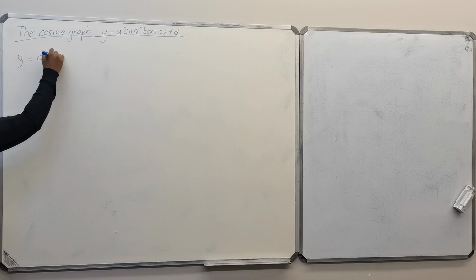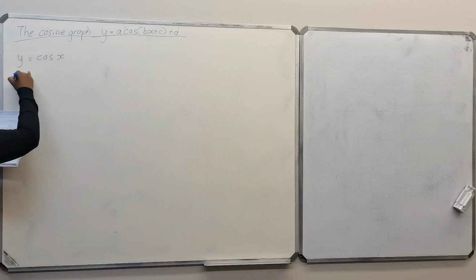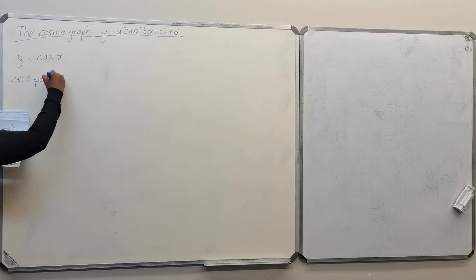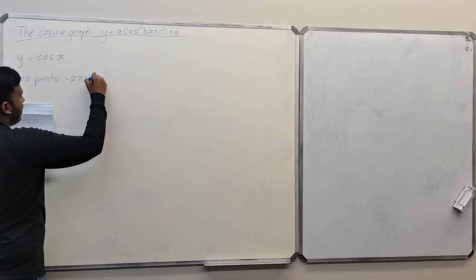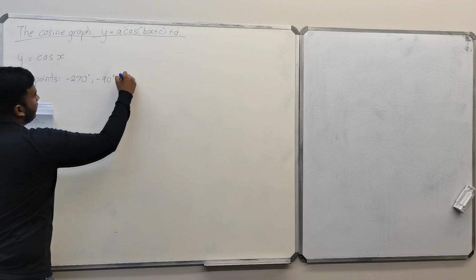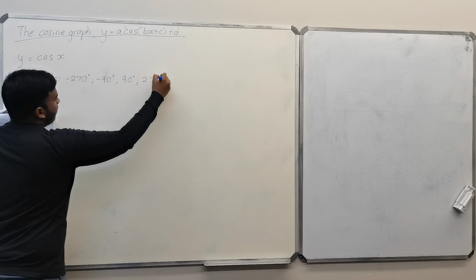So cos would be easy, right? In general, your graph is y equals cos x. This will also have 0 points, but the 0 points for a cos graph are out of phase by 90 degrees from the sine.